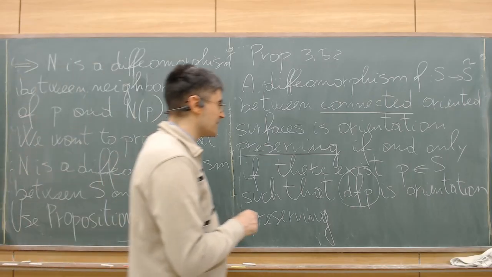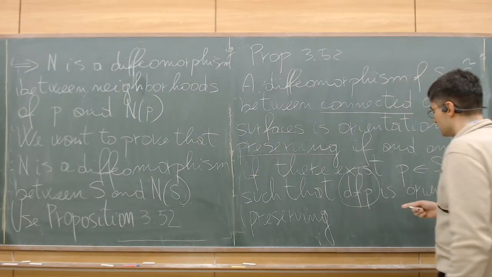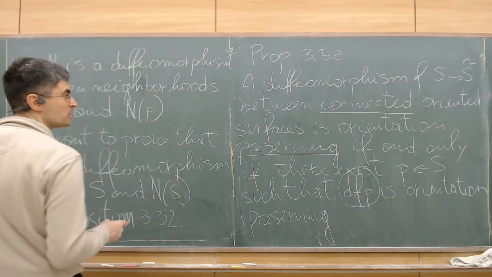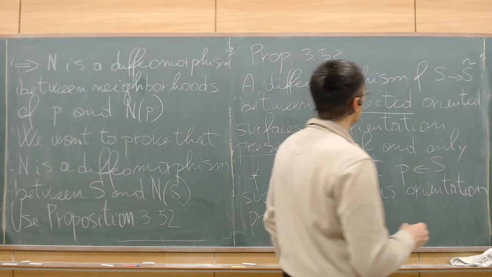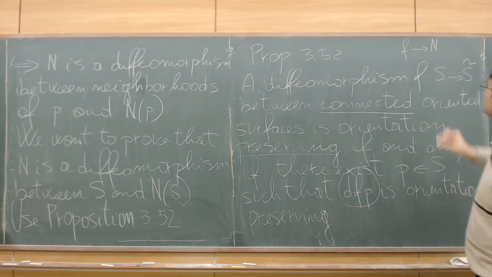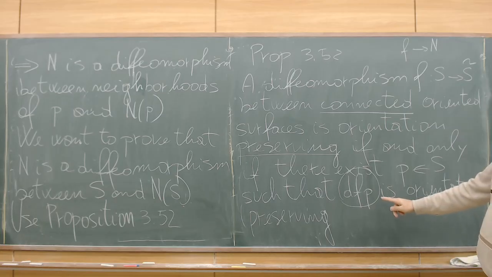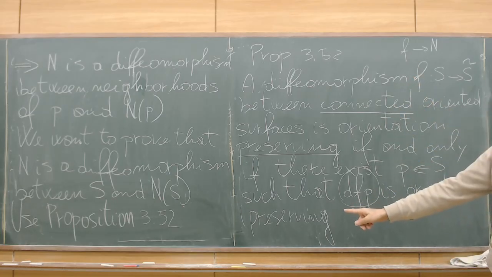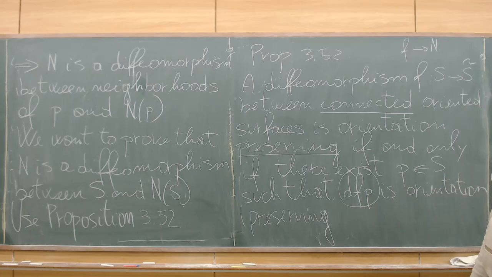But this is exactly our conclusion if we replace F with N. We already know that DNP is orientation preserving because the Gauss curvature is positive.